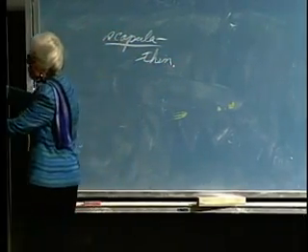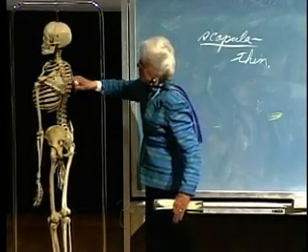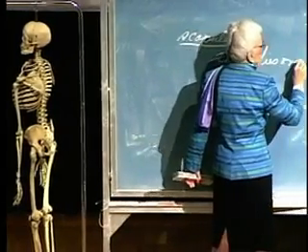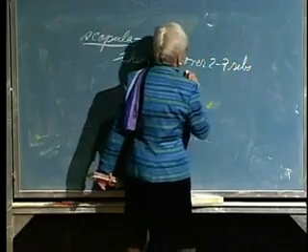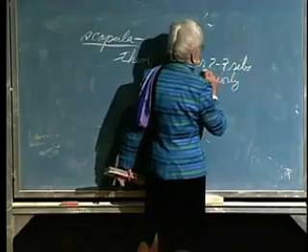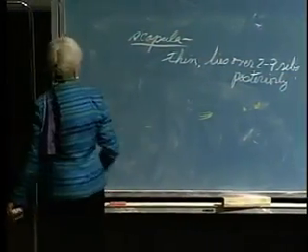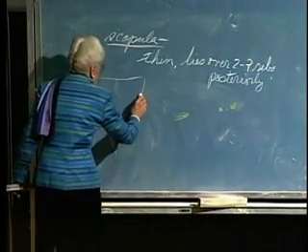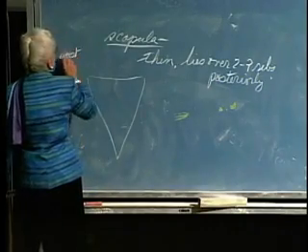It lies over the 2nd to 7th ribs posteriorly. It is triangularly shaped. And this is a posterior view.